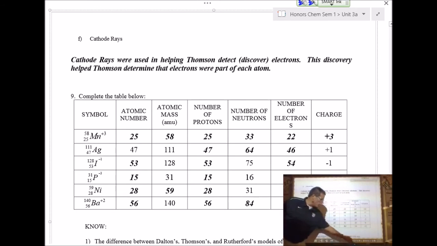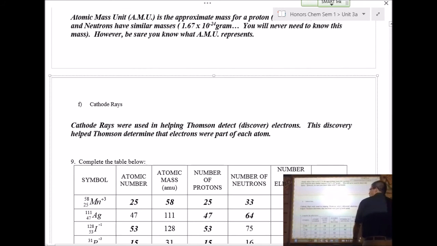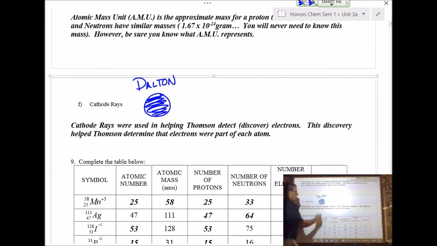Just while we're talking about models, if we were to look at, say, Dalton's model, what did his model look like? Yeah, so it was a sphere or a ball, and it had a consistent density throughout, or there was nothing in it, so to speak.